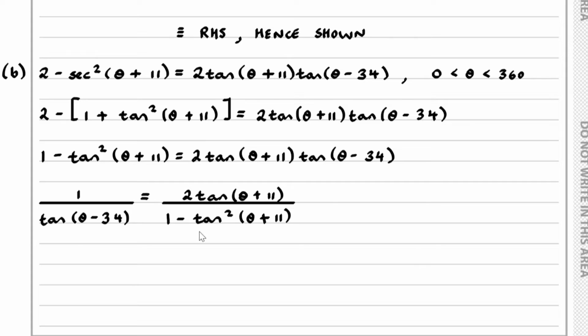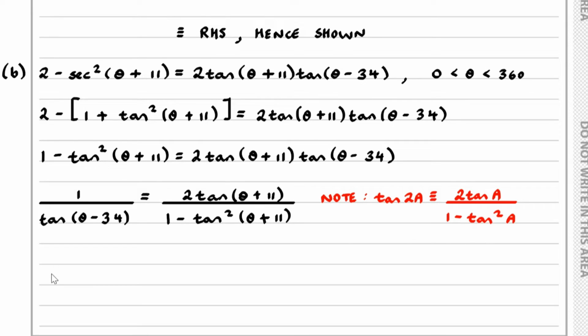And now what we can do is recognize on the right hand side something of the form tan 2a being equivalent to 2 tan a over 1 minus tan squared a, where a is theta plus 11.